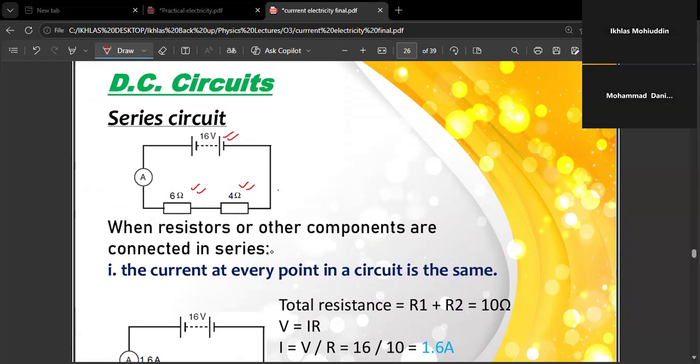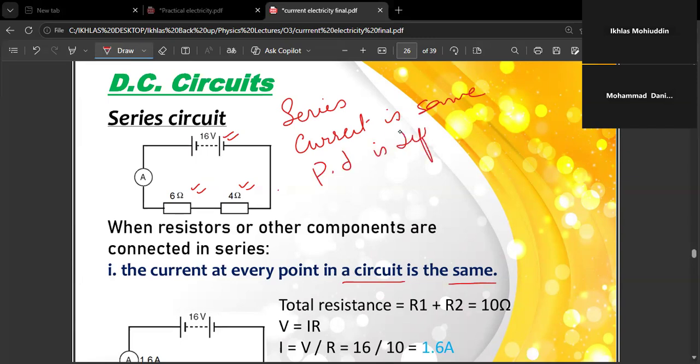When the resistors or other components are connected in series, the current at every point in the circuit is the same, but the potential difference is different in a series circuit, right? First of all, we need to calculate the total resistance. So R1 plus R2, 6 plus 4 equals 10.